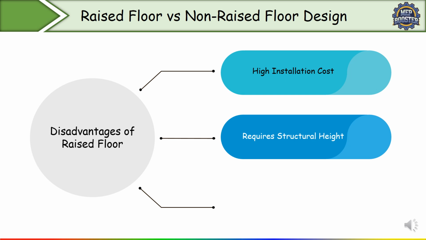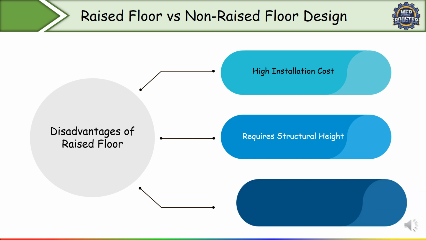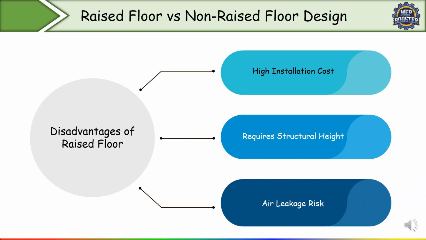Okay, suppose if your room height is already limited, so adding a raised floor can make it feel compressed and uncomfortable. Okay, so it can require structural height also. Next, air leakage risk. So the cold air can leak from gaps in the raised floor system. And where the leakage happens, sometimes you have seen the gap between tiles, cable cutouts, even poor sealing or improper installation.